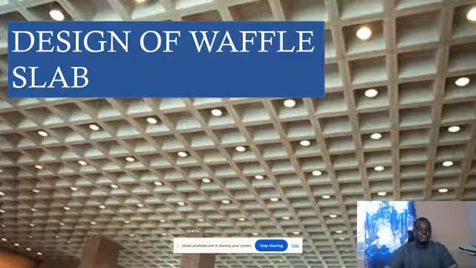A waffle slab is just another category of rib slab, but in this case, it has ribs running in two directions. The difference between rib slab and waffle slab is that rib slab has ribs in one direction, while waffle slab has ribs in both directions, both the major axis and the minor axis of a slab.